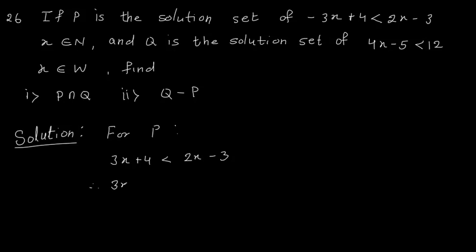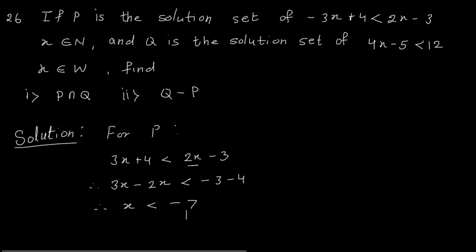Therefore -3x minus 2x, this 2x I bring left, is less than -3 minus 4. So therefore we have x less than -7.